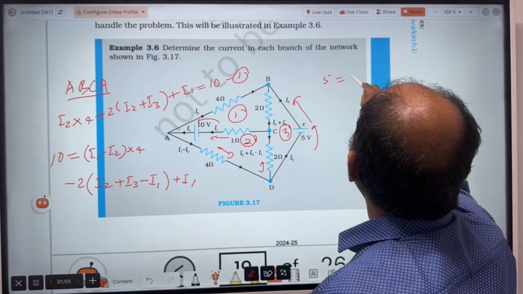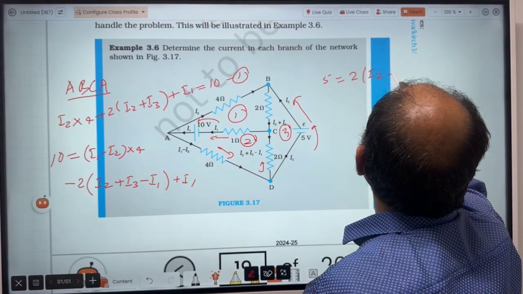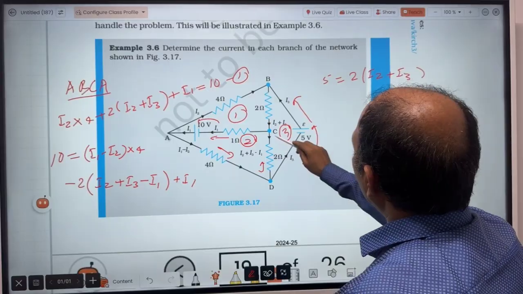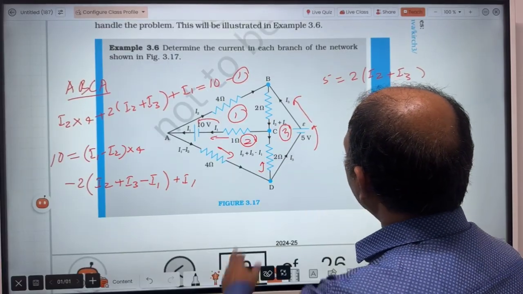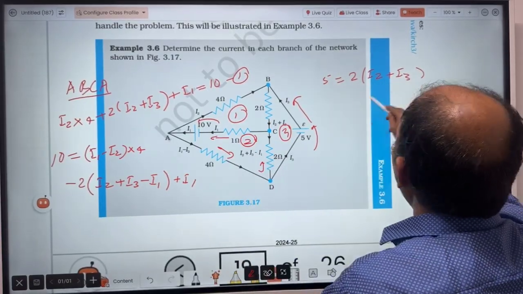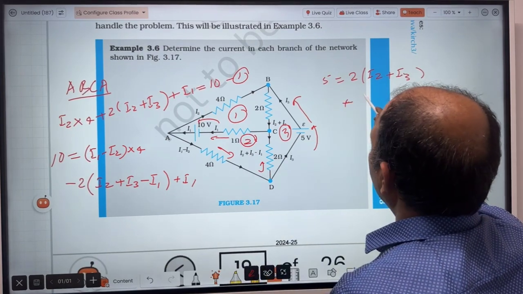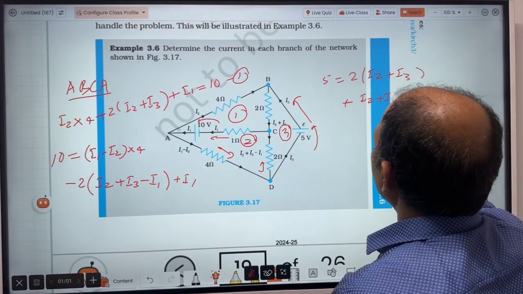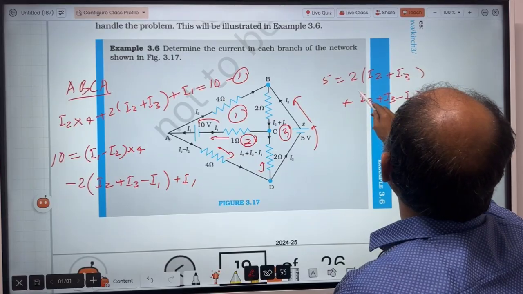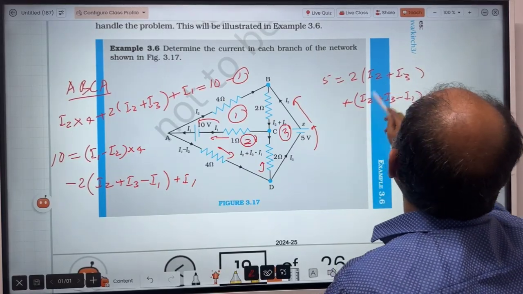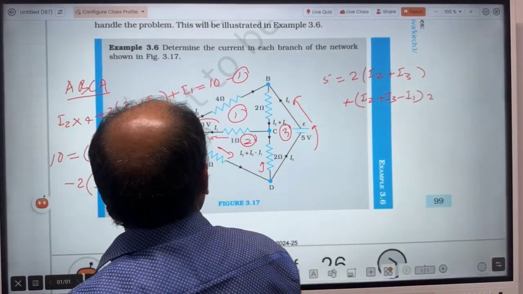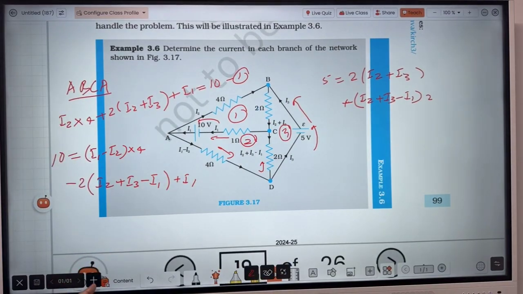So here twice of I2 plus I3, and then here what is the current? You are moving in the direction of current, so you will write I2 plus I3 minus I1 times 2. This is another equation. Now you can solve to get I1, I2 and I3.